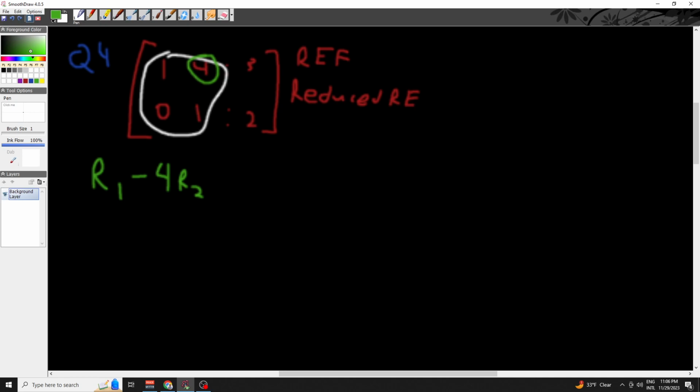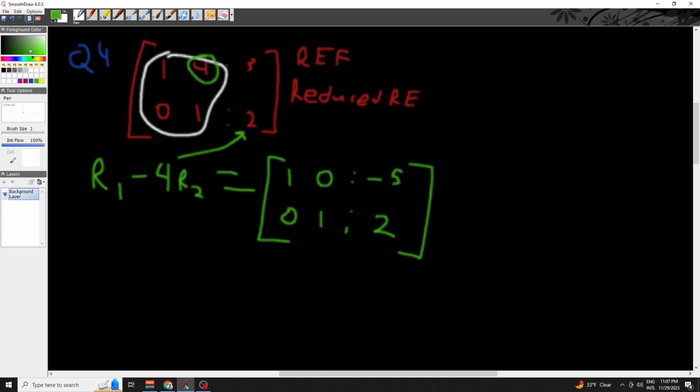And since this number does not change, since we're only modifying row 1, that will give you the result of 1, 0, 0, 1. And then -4 times 2 is -8. -8 and 3 crunched together is going to be -5. It's now -5, and now this just sticks at 2.